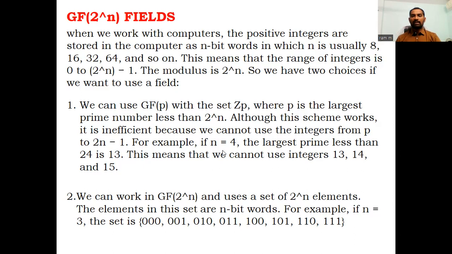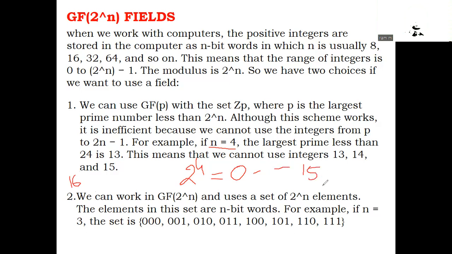For example, if I take n is equal to 4, 2 power 4 is 16. So I can have values from 0 to 2 power 4 minus 1, that is 15.